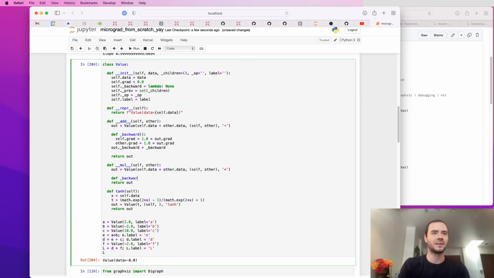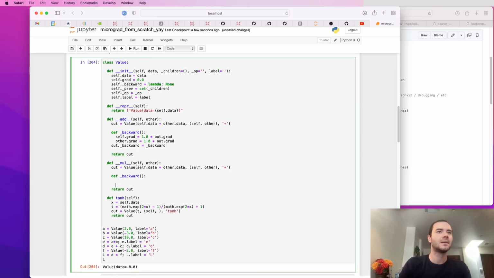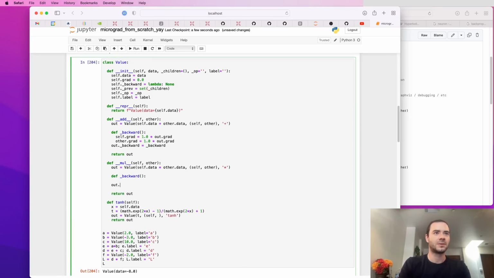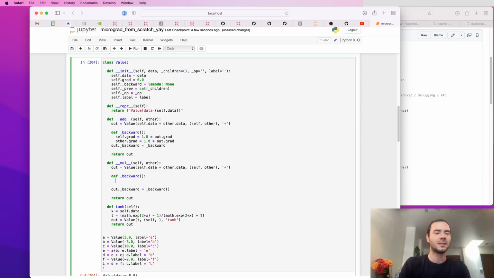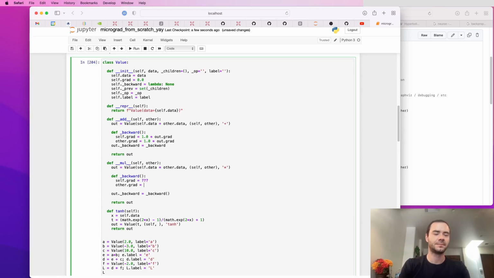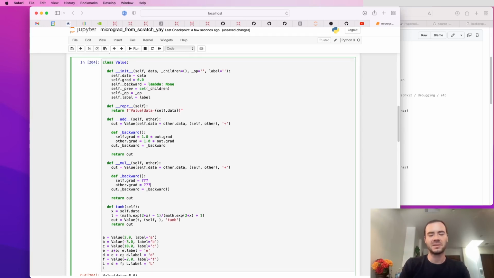We're going to also define that backward. And we're going to set its backward to be backward. And we want to chain out.grad into self.grad and other.grad. And this will be a little piece of chain rule for multiplication. So what should this be?